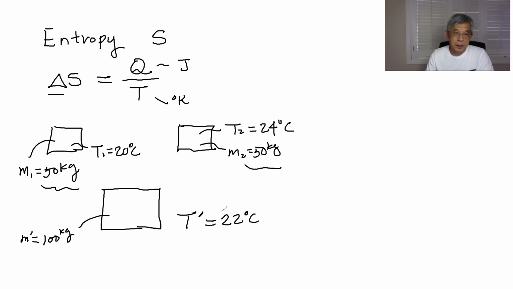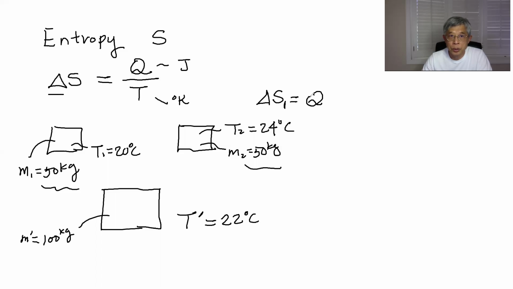And this total M is equal to 100 kilograms. In this process, M1 is changing, and M2 is also changing, right? So let's calculate the Q. We calculate the entropy change for the first one, which we'll call delta S1.